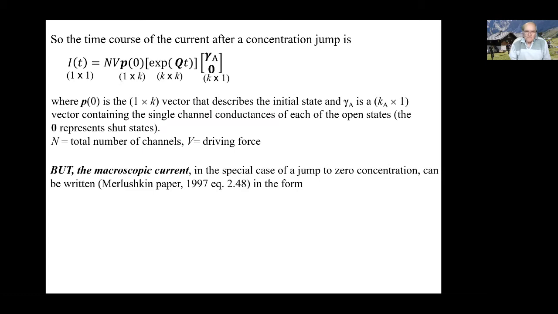That's in general, but in the special case of a jump to zero concentration, it turns out that we can write the expression this way. Rather than the whole of Qt, it involves only the EE subsection of Qt. In the particular 5-state example we've been using, these happen to be the same, but in general that won't be the case.